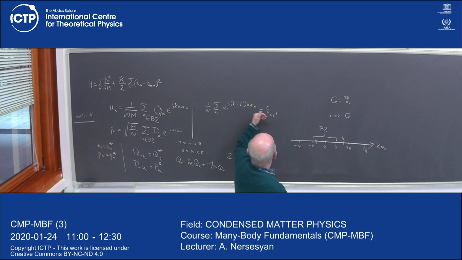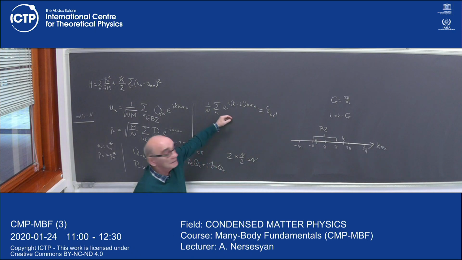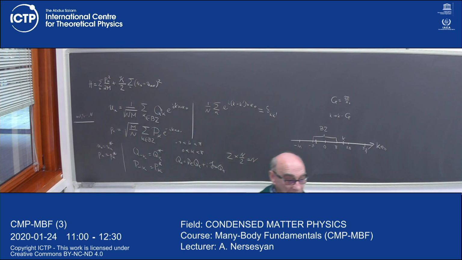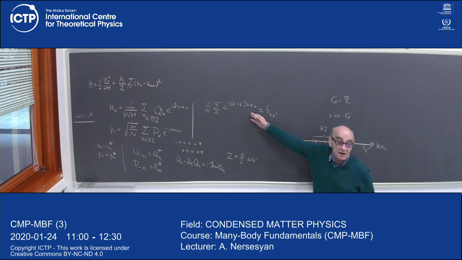But this formula doesn't know that. This formula only knows that I'm summing over all lattice sites from 1 to n, and has no idea whatsoever what k and k prime are. The formula doesn't even know that I'm playing a game with the lattice. So, therefore, k and k prime are arbitrary, generally speaking.